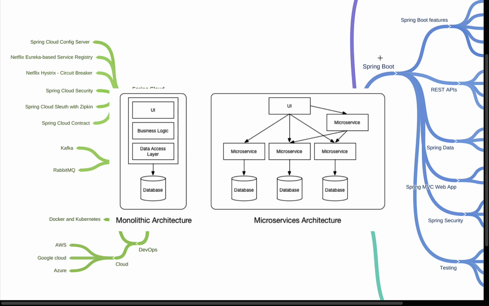Then you will get some idea of how you can break your monolithic application into small services as microservices. Microservices is not a simple topic. It is a complex topic, and you need to learn a lot of stuff in order to develop a complete microservices enterprise application. So before learning microservices, you have to learn Spring Boot, and we already went through the roadmap to learn Spring Boot, right?